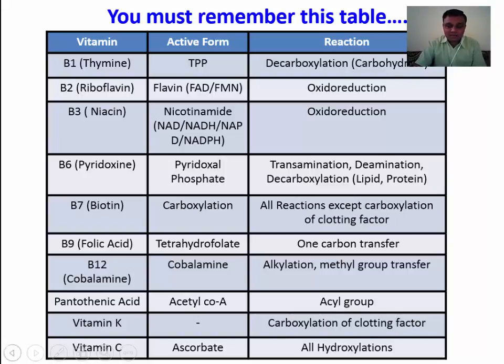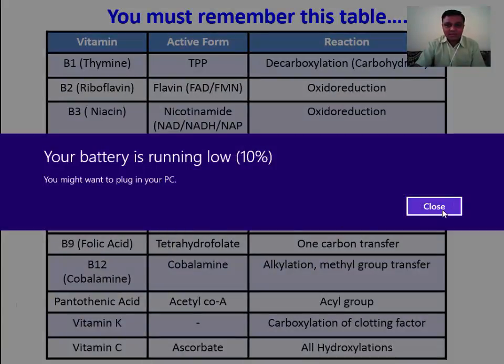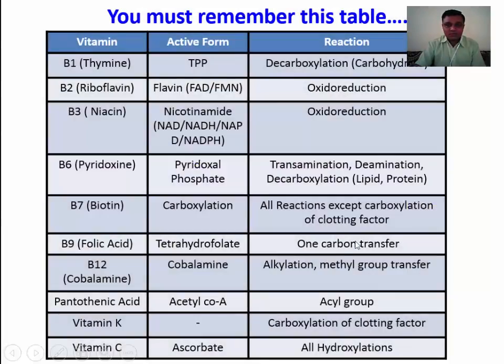So when it comes to carboxylation of clotting factors, you must find vitamin K. So remember, for decarboxylation of carbohydrate it's thiamine, decarboxylation of lipid and protein it's pyridoxine, carboxylation in all the reactions is by biotin except one, that of clotting factors, and that is done by vitamin K.